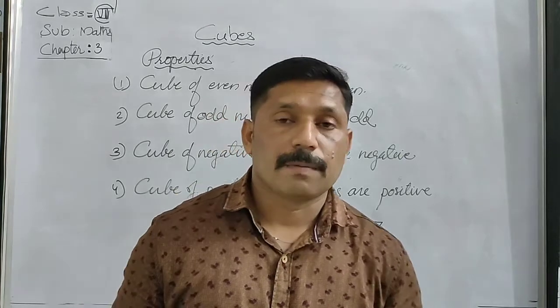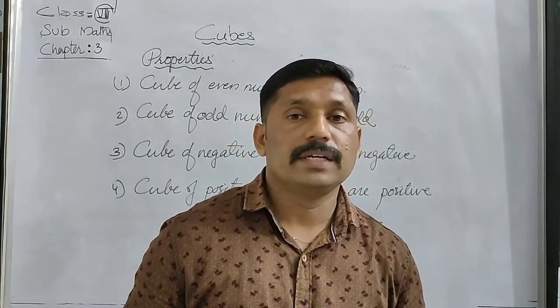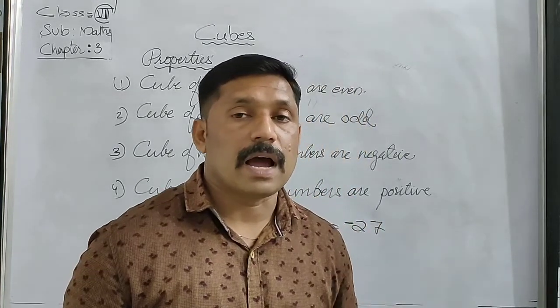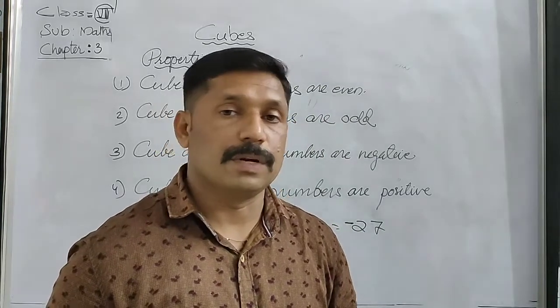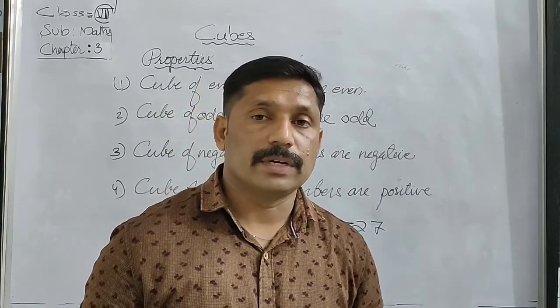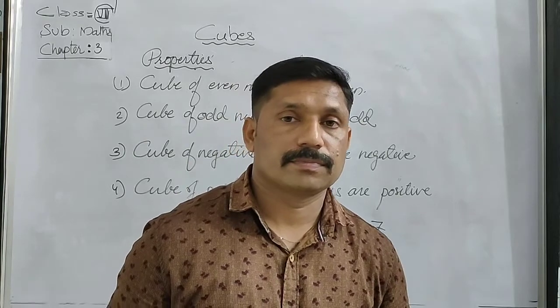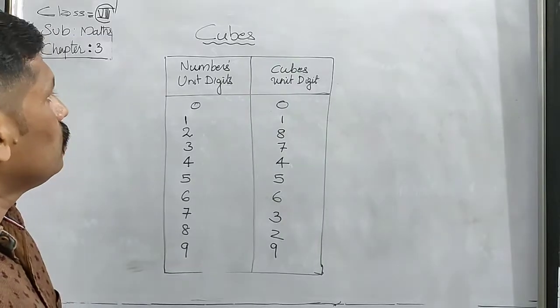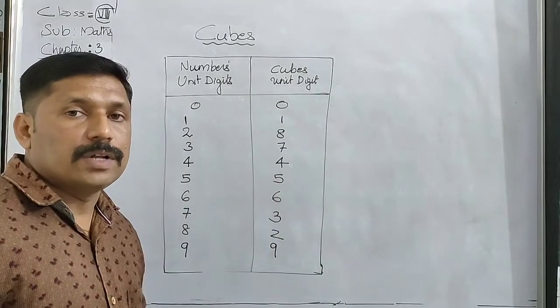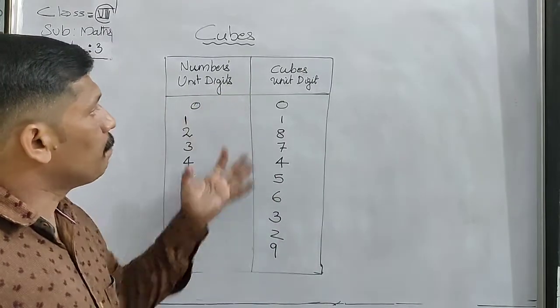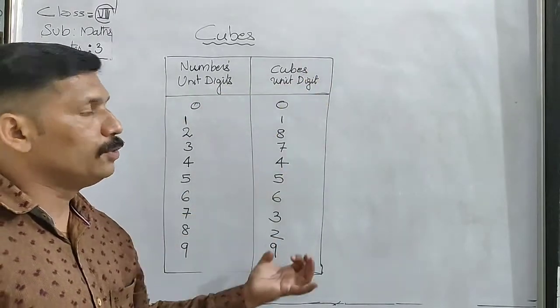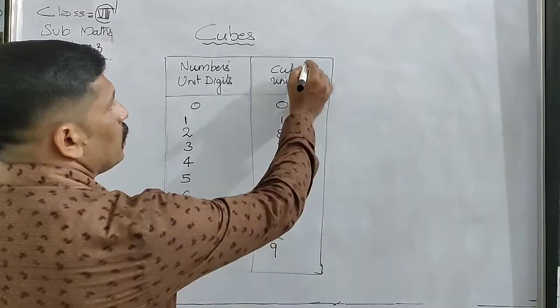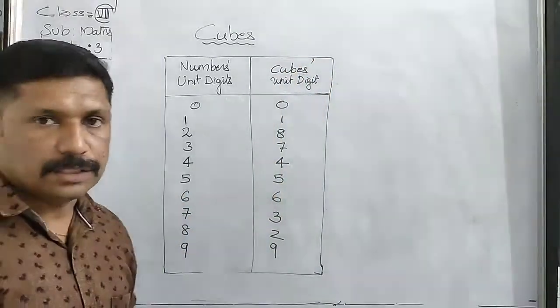Then there are some properties relating to the unit digit of a number and unit digit of a cube number that we are going to discuss next. The next property is relating to the unit digit of a number and unit digit of its cube.